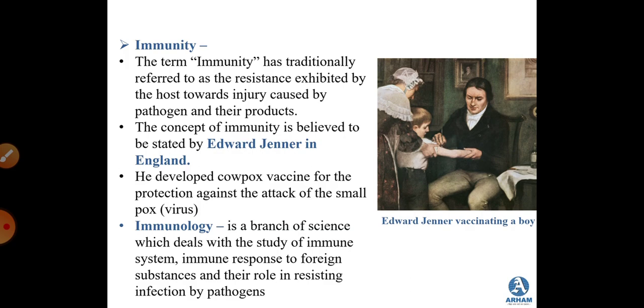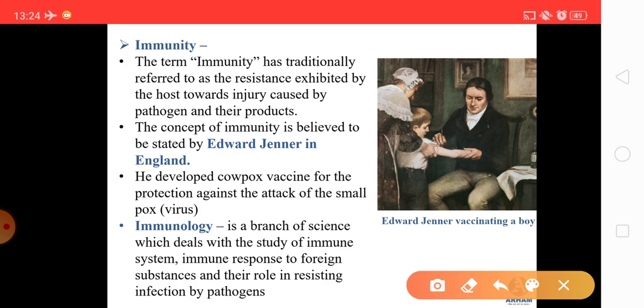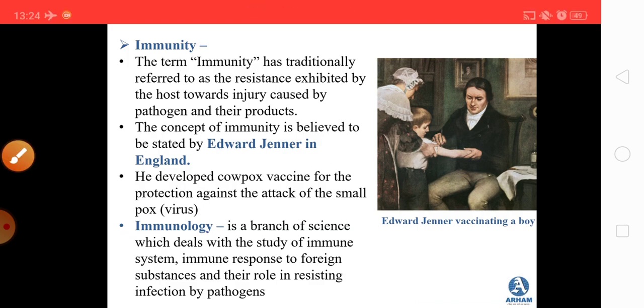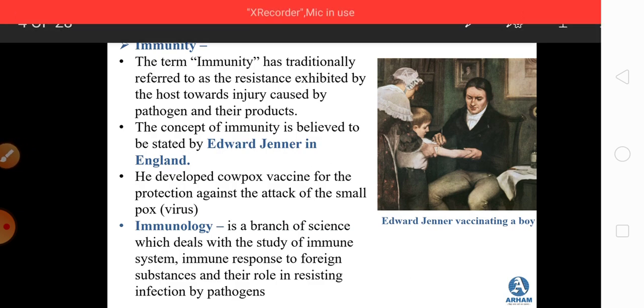Now there is one more term that we need to understand related to immunity, and that is immunology. So immunology is a branch of science which deals with the study of the immune system. It also deals with the immune response to foreign substances, and their role in resisting infections by pathogens.